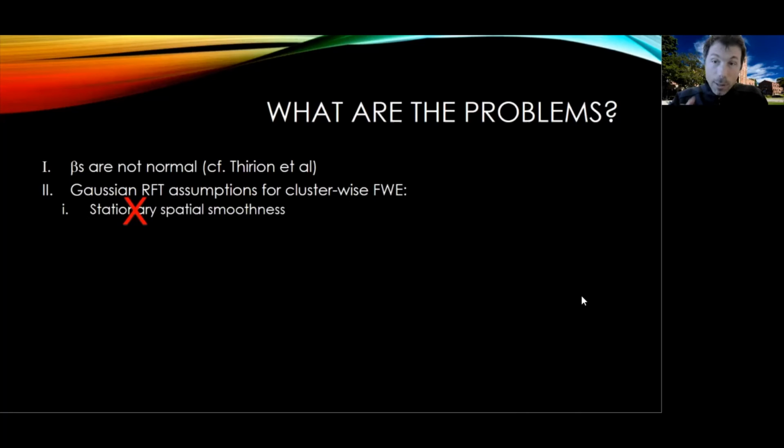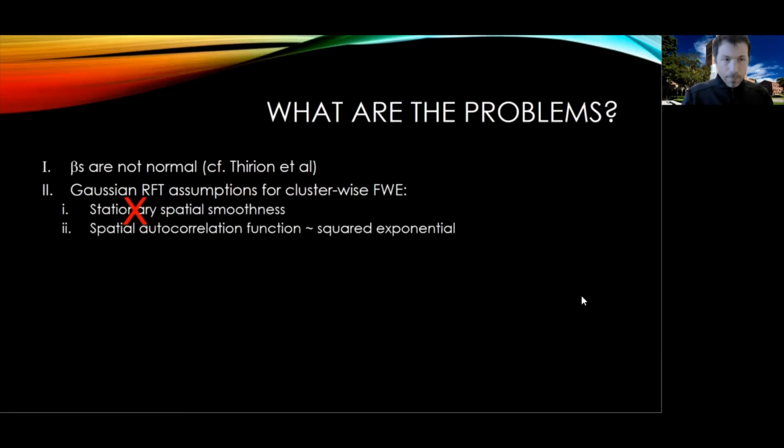The second assumption, specific to cluster analysis, is that the spatial autocorrelation function, so the correlation over space, is assumed to have a specific shape, which happens to be a squared exponential over space.